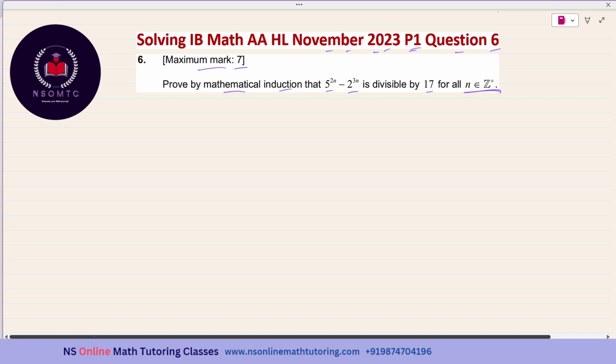And as we do, we take the smallest value of n and we check for that particular value of n whether the expression is satisfied, in this case whether that expression is divisible by 17. So the smallest positive integer is 1, therefore we will be taking the first value of n as 1.